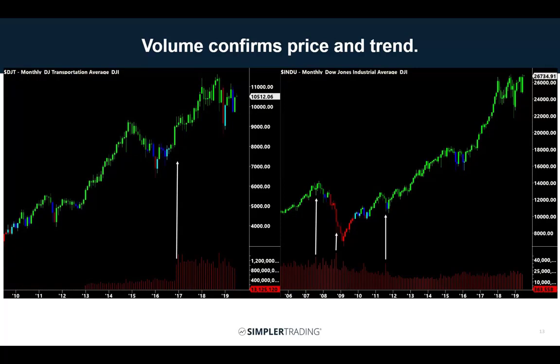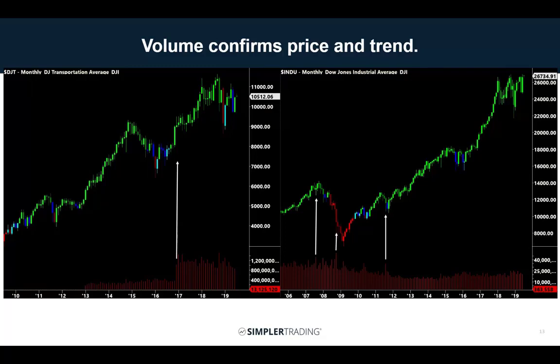If the transportation average starts to get a little wobbly, it goes from green to blue to red, say like we saw here at the end of 2015 going into 2016, notice how the INDU did get a little wobbly as well, but it did not confirm with a red grab candle. A lot of folks talk about confirming these two, yet I'm not sure how they would do it without a breakdown of Dow analysis via a tool like the grab candles.